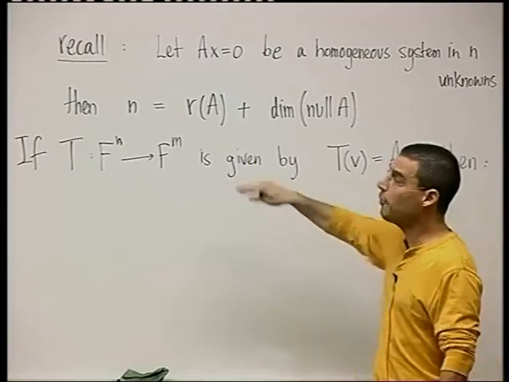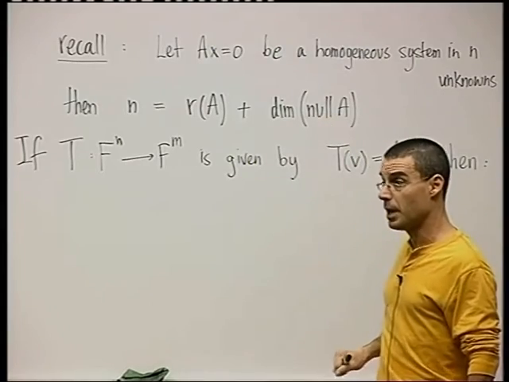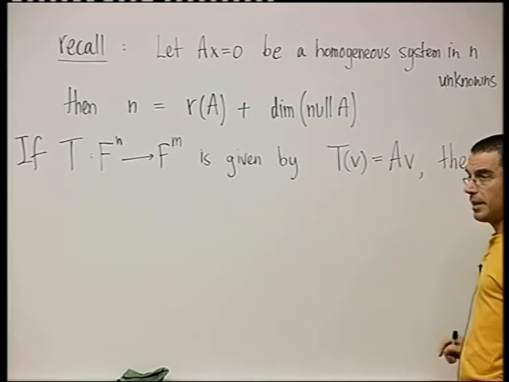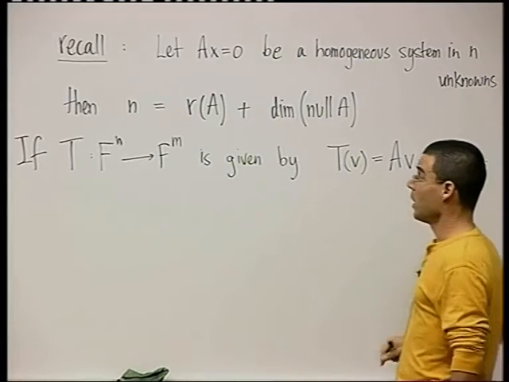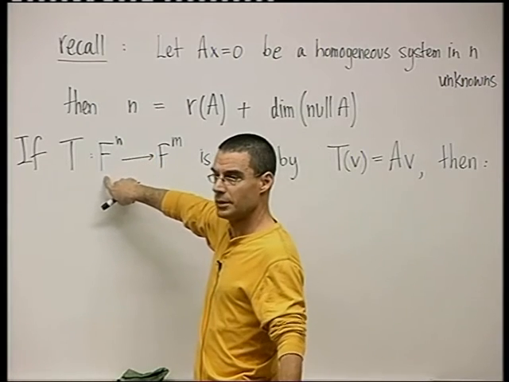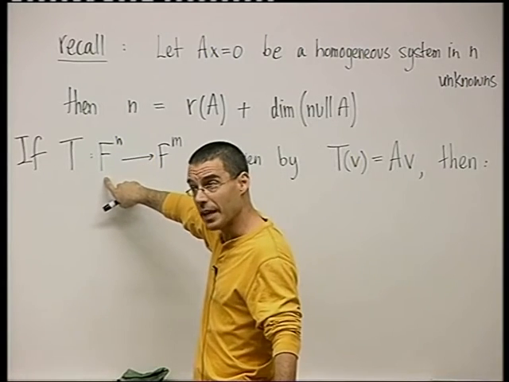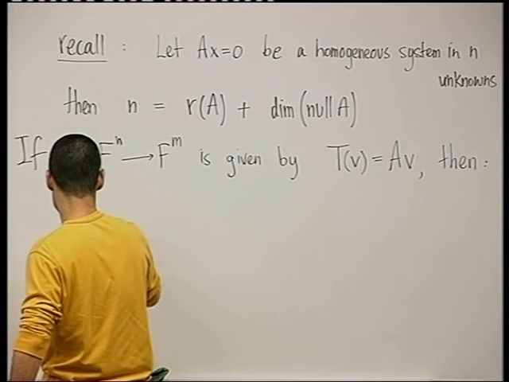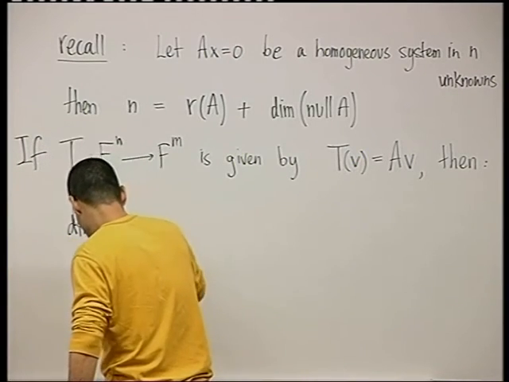Okay, so if we're in the context of the previous theorem, if we have a linear transformation that's given by multiplication by a fixed matrix, then what is n? N is the dimension of the domain space of Fn, right? Then the dimension of the domain space, let's call it V1.